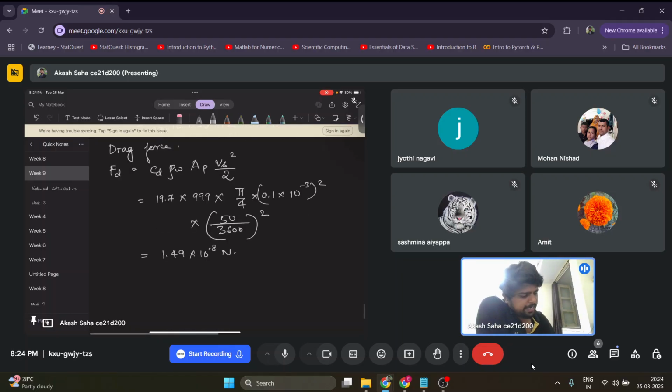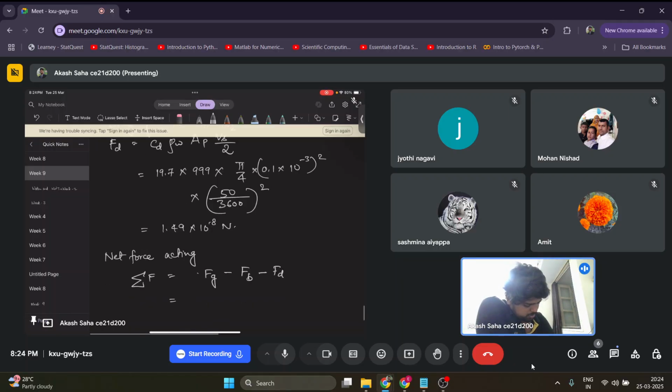Okay, so now the net force acting will be equal to the gravitational force minus the buoyant force minus the drag force.